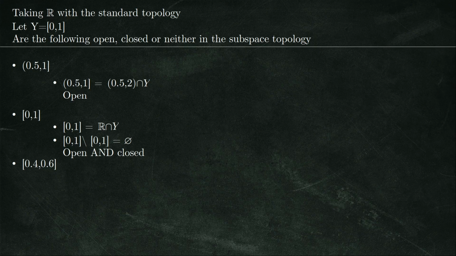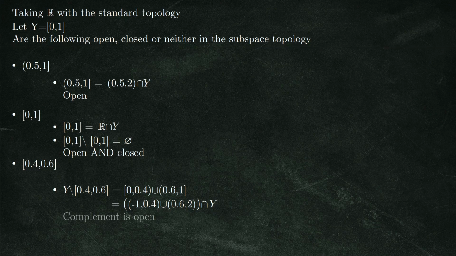And then finally, we look at the complement of this, and the complement can be written as the union of two open intervals intersect Y, and therefore the complement is open, and so it is closed. You could maybe have seen that a bit quicker and shown that it's a closed set intersect Y and therefore must be closed, but we haven't explicitly proven that, even though that would work.